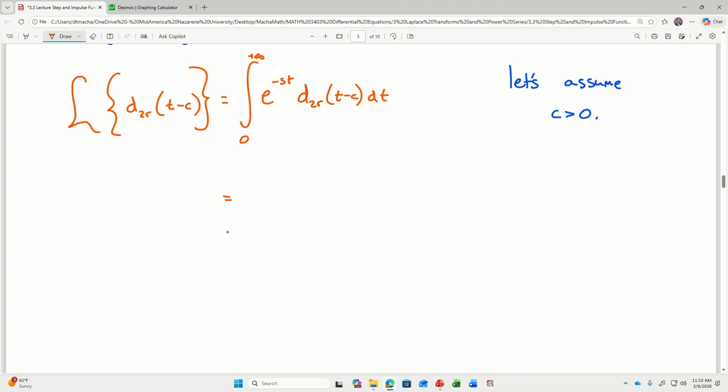And so doing that, this is the same thing as 1 over 2r times the integral from c minus r up to c plus r of e to the negative st dt.